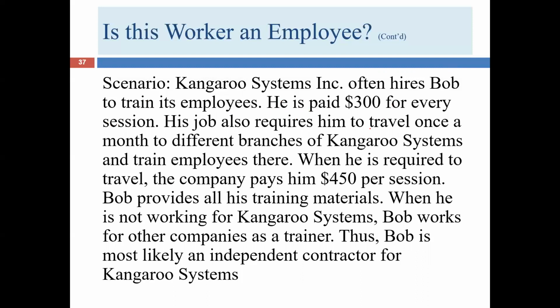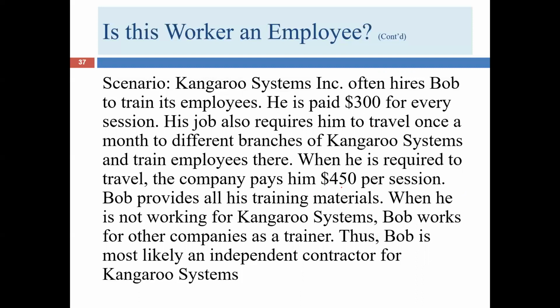He's traveling from location to location. Now, it's certainly the case that employees can be required to travel from location to location. But the fact that he does that is one indication that he might be an independent contractor. And this is especially true when he's using his own vehicle and he's not being paid a certain mileage situation.